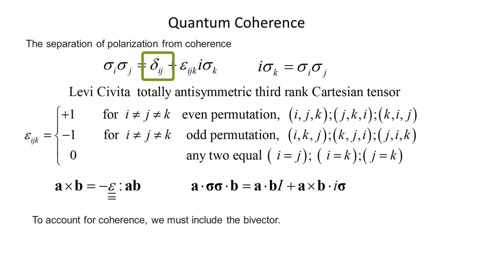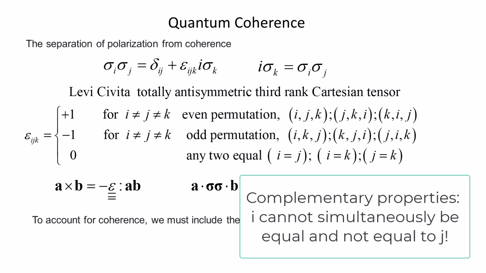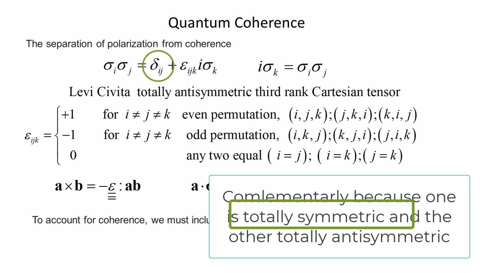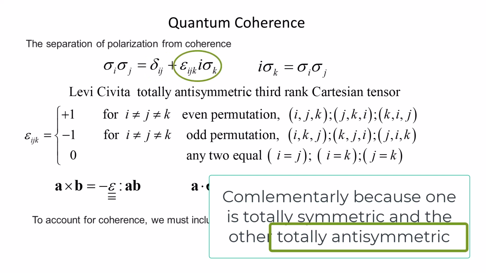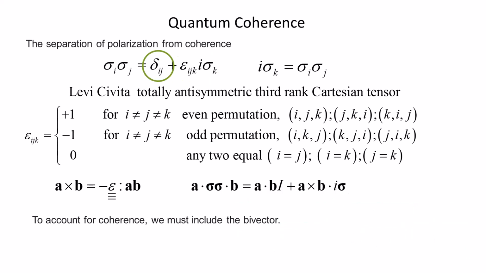The diagonal elements of i equal j, and the off-diagonal terms of i not equal to j. The two terms are complementary because i cannot simultaneously be equal and not equal to j. The two are different contributions, with the first being totally symmetric and the second being totally antisymmetric. The first term describes polarizations and the second term describes coherences.